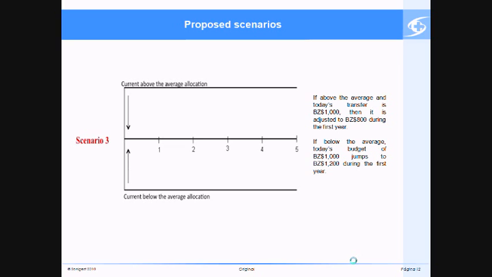Those with above average allocation are brought down immediately, and those with below average allocation are brought up immediately to the new equilibrium value. That would be equivalent to the school with $300,000 above the average being given $300,000 less immediately, and the school that was $200,000 below the average being given $200,000 more immediately.